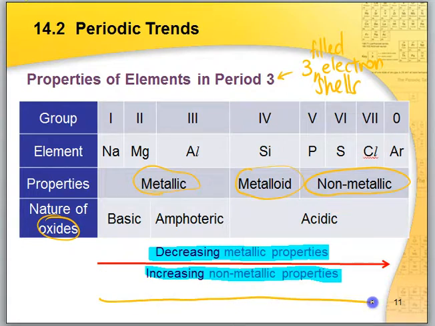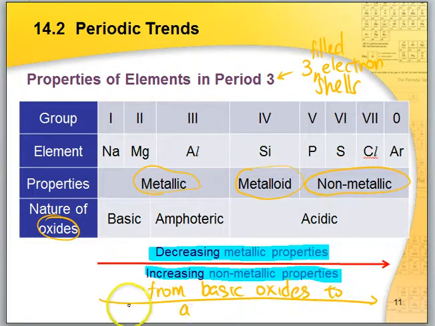If I draw like this, it's from basic oxides to acidic oxides. So this is the property of the elements in period 3. It's the same for period 2 and period 4.